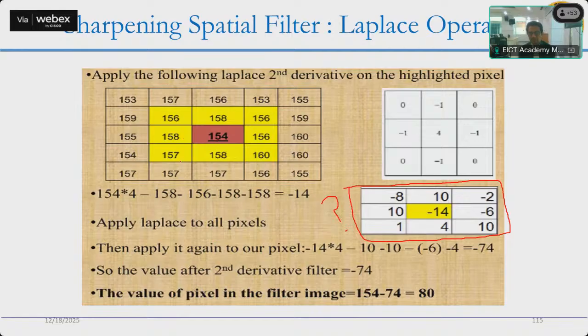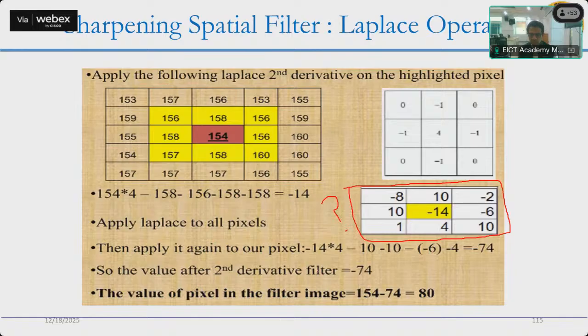When you apply it on 157, you will get the value 1. After applying this same filter, this mask, on every pixel value, you will get these values: minus 8, 10, minus 2, etc. Thereafter you apply the same filter here.